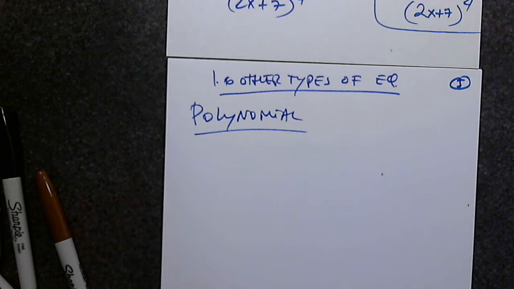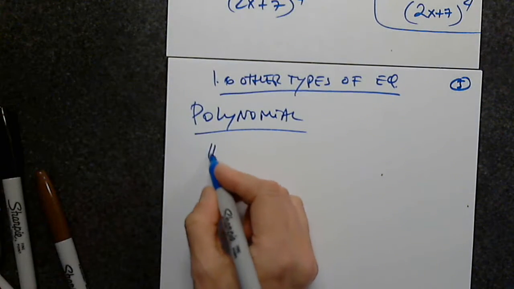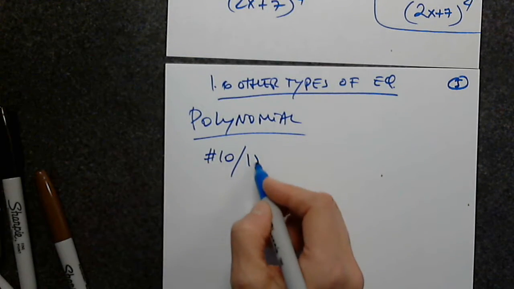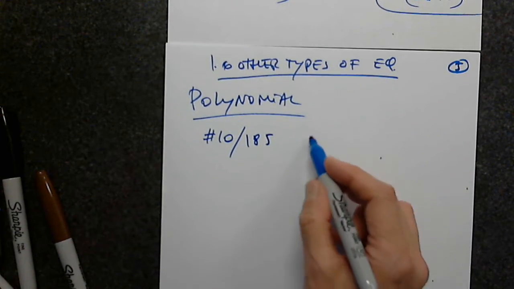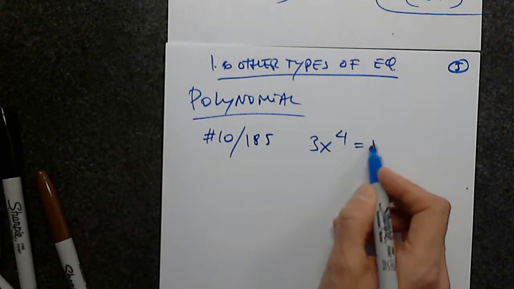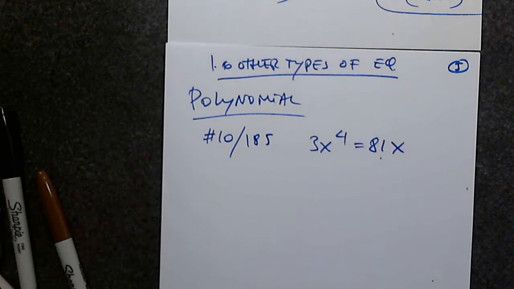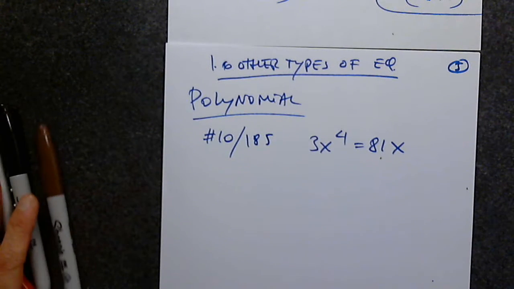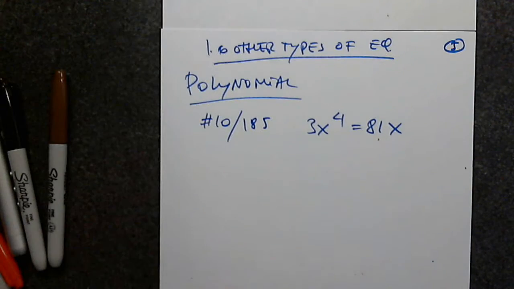Let's work on another one, like let's say problem 10 on page 185. And this is 3x to the fourth equals 81x.